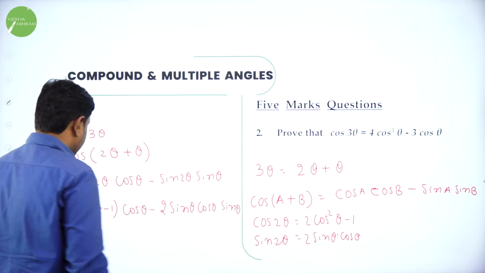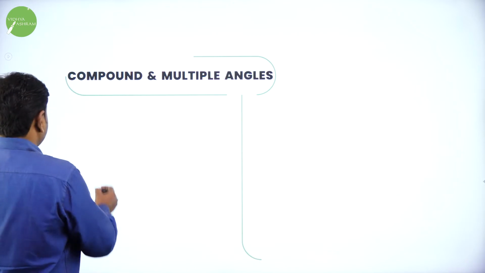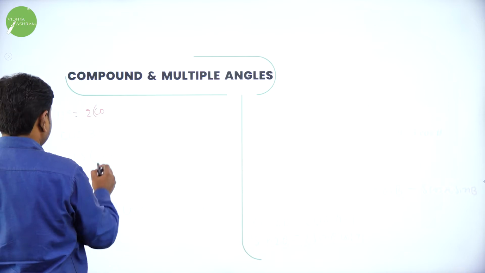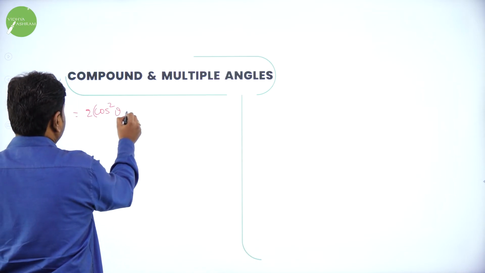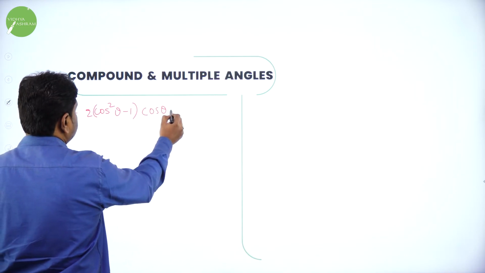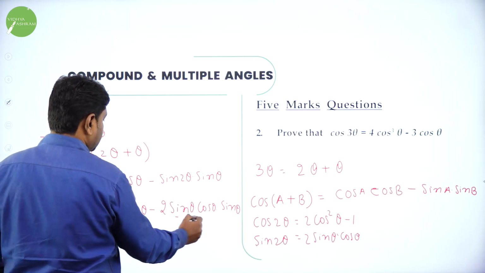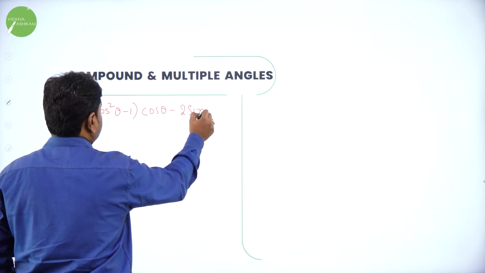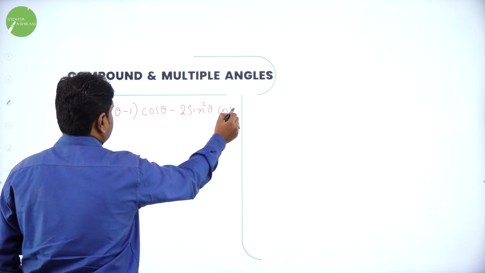Now further we need to simplify this. So we have 2 cos square theta minus 1 into outside we have cos theta, minus 2 sin theta into sin theta is sin square theta, 2 sin square theta into cos theta.